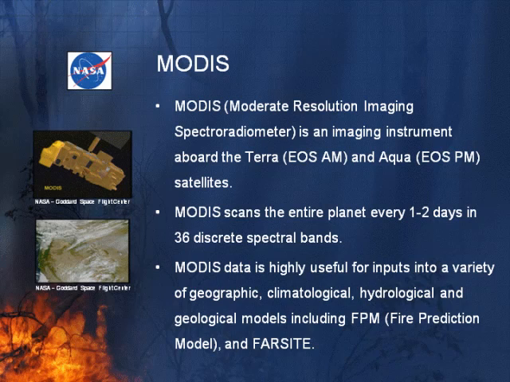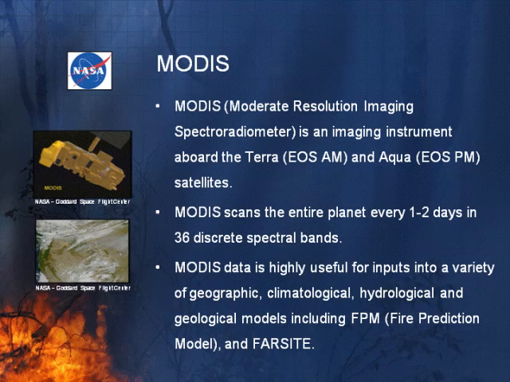Okay, MODIS is one of the satellites where we get information for fire modeling, provided by NASA, and two satellites, the Terra and the Aqua satellites. MODIS scans the entire planet every 1 to 2 days in 36 discrete spectral bands. And MODIS is used for a lot of applications, not just fire prevention. It's a whole host of GIS applications.